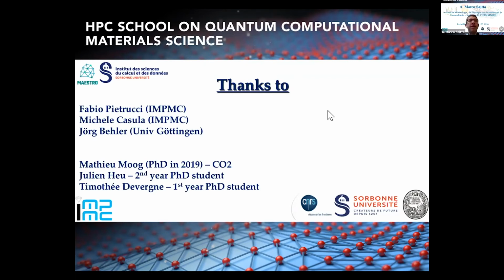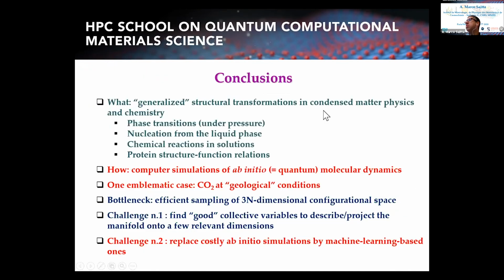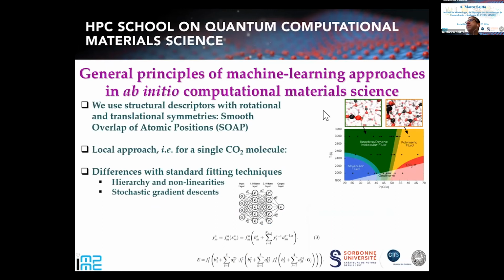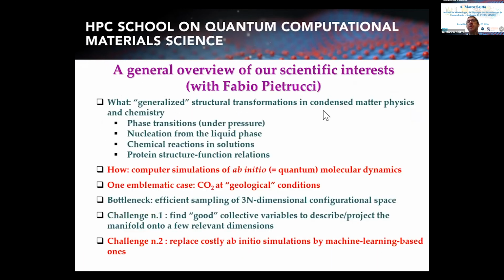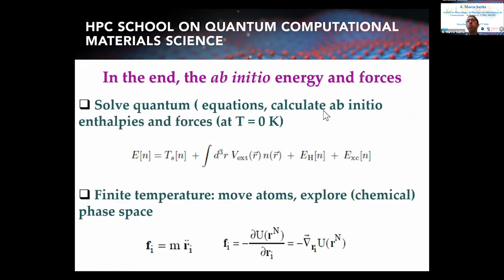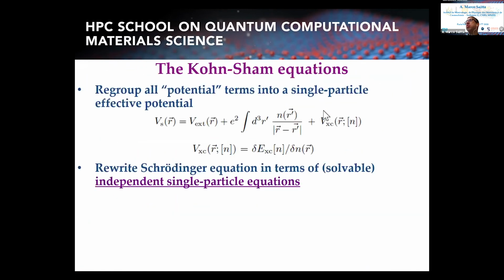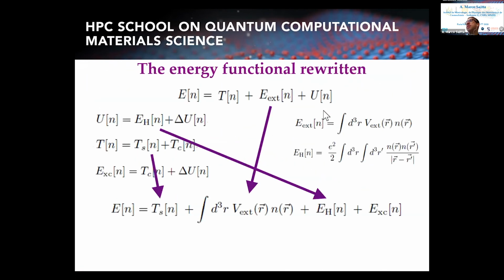Well, let's say that DFT. Let me go back one second. DFT was formalized in 1963 by two theorems that actually prove that you can get to this functional here.